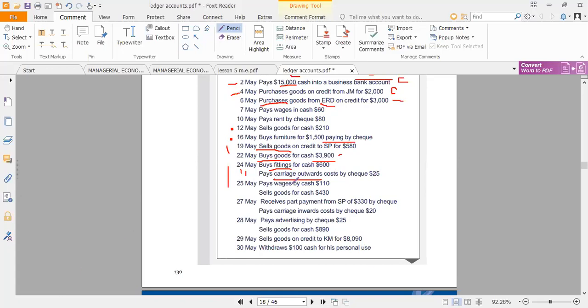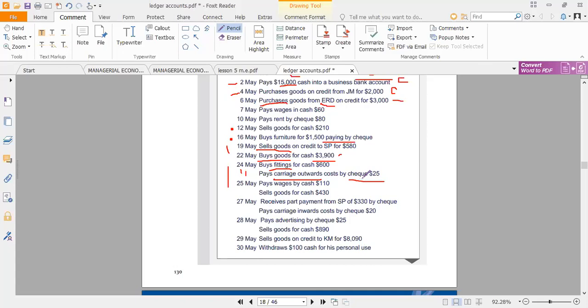So this one, we have the bank account and the carriage outwards account. Pay carriage outwards cost by check. You are giving out 25, so that's credit.